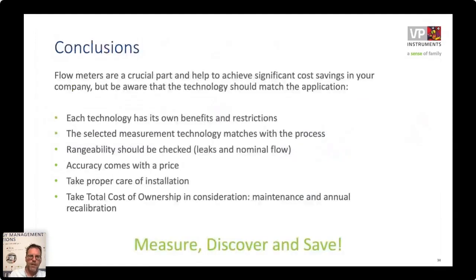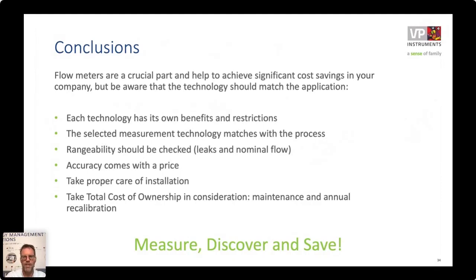So to conclude my presentation, flow meters are a crucial part to help achieve significant cost savings in your company, but you have to be aware that the technology should match the application. Each technology has its own benefits and its own restrictions. So it's not like there is a golden rule that you should always use thermal, or always use differential pressure, or always use whatever.